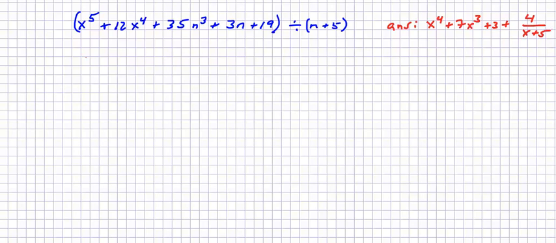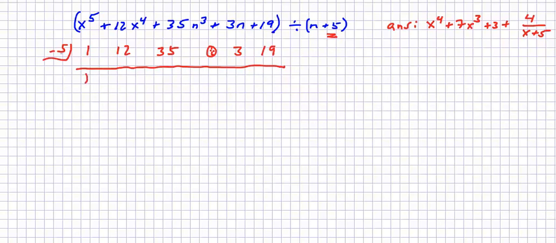All right, I'm going to write my coefficients. 1, 12, 35, 0, must have a 0 for x squared, and then 3, 19, the opposite of this number, negative 5, and away we go.